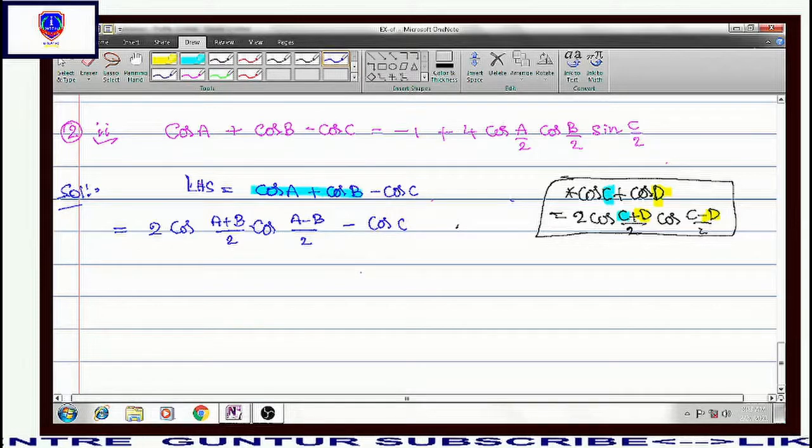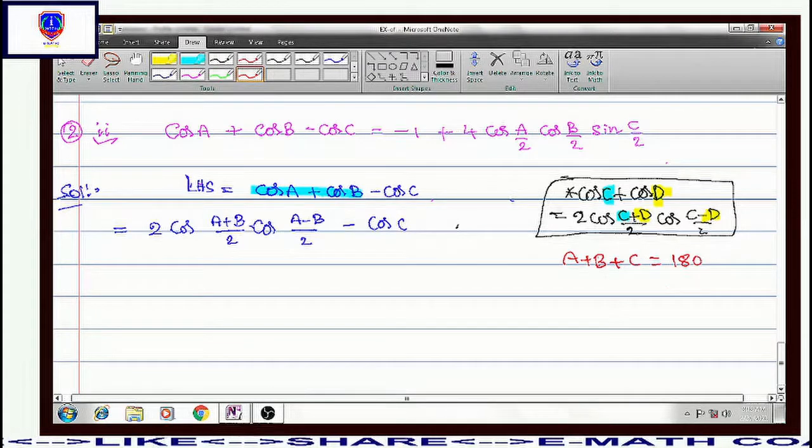This is all in triangle ABC, where A plus B plus C is equal to 180 degrees.